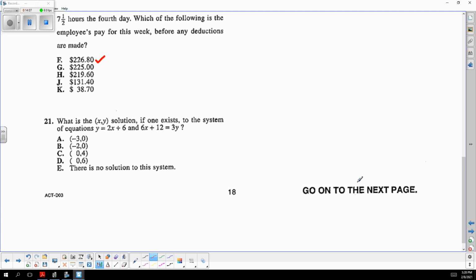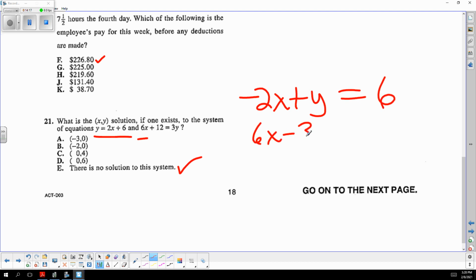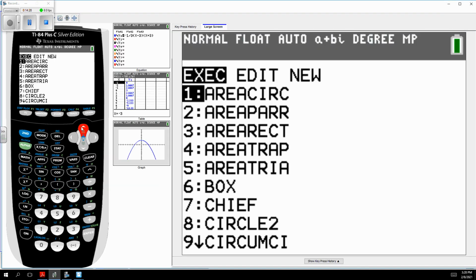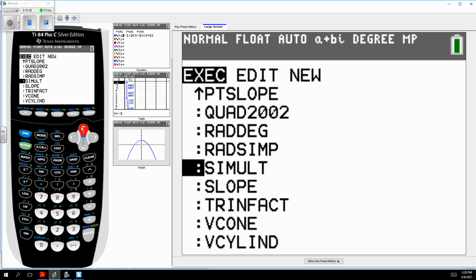Now this one's going to be true for none. I rewrite it so the x is first. And here I need the y over and the 12 out of here. Now when you put that in, the calculator is going to give you something weird. I've honestly been so long since I've seen one.